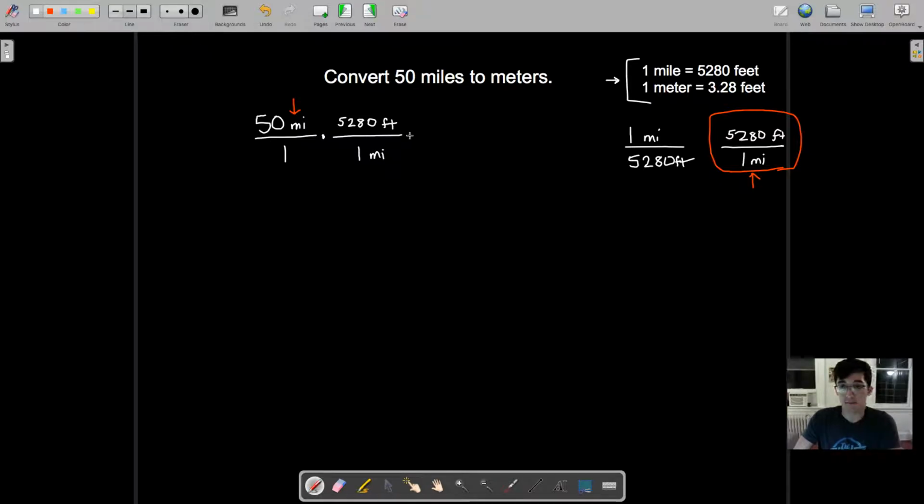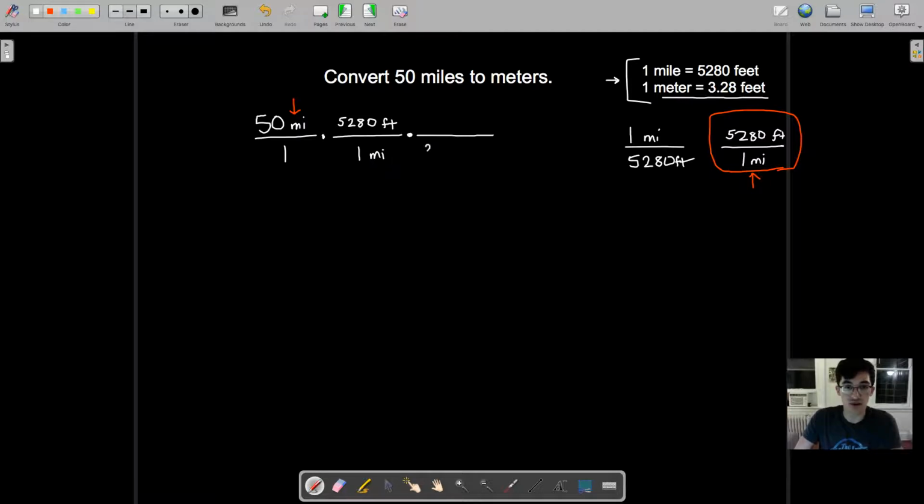All right, but we're still not done because we're in feet now and we need to get to meters. So we're going to use another conversion factor. And this time we have 1 meter is equal to 3.28 feet. Okay, so I'm going to do the same thing here. I'm going to write that as a fraction, but I'm going to choose the one that cancels out feet.